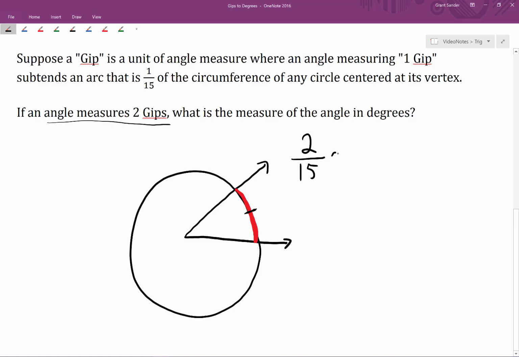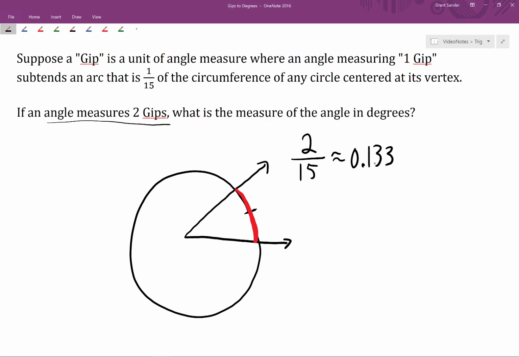And 2/15 is approximately equal to 0.133, and therefore that subtended arc is about 13.3% of the full circumference. Now we can also think of this in terms of rotations. We could say that this angle is 2/15 of a full rotation, or about 13.3% of a full rotation.